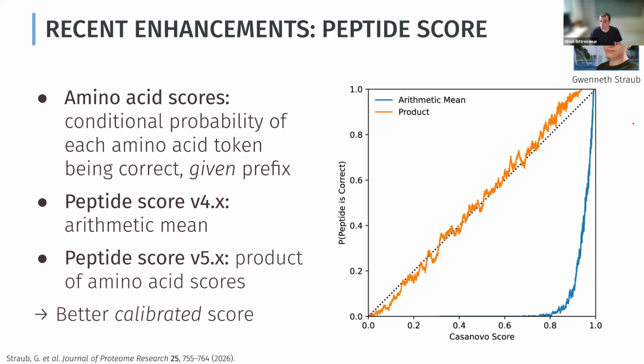But this is very beneficial for users, so that now the peptide score has much easier to interpret semantics, in that if you set a score of 0.8, about 80% of your predictions will be correct.